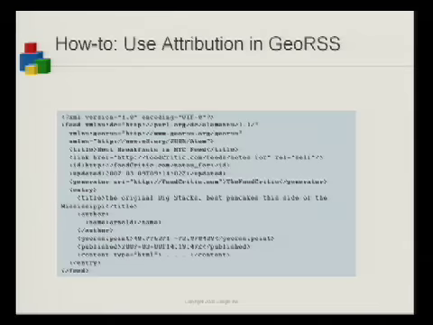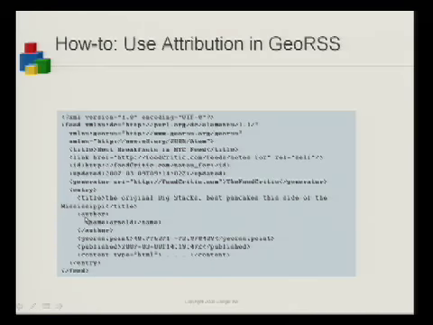So here's a little bit more in depth on the attribution in GeoRSS. Attribution is one of these things that a lot of people are very concerned about. There's a feeling that when you have KML and GeoRSS and you put it out there on the web, then anybody can copy it and claim it's their own.